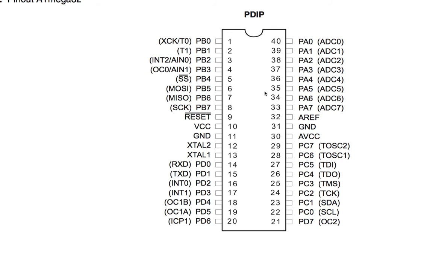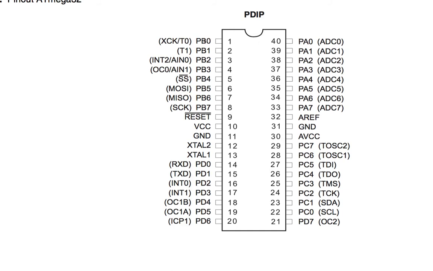So my point here is that the only port family which has got internal built analog digital converters is port A. For example, if you wanted to connect an external clock to AVR and you connect it to port A0, it's not going to work because it cannot be recognized.